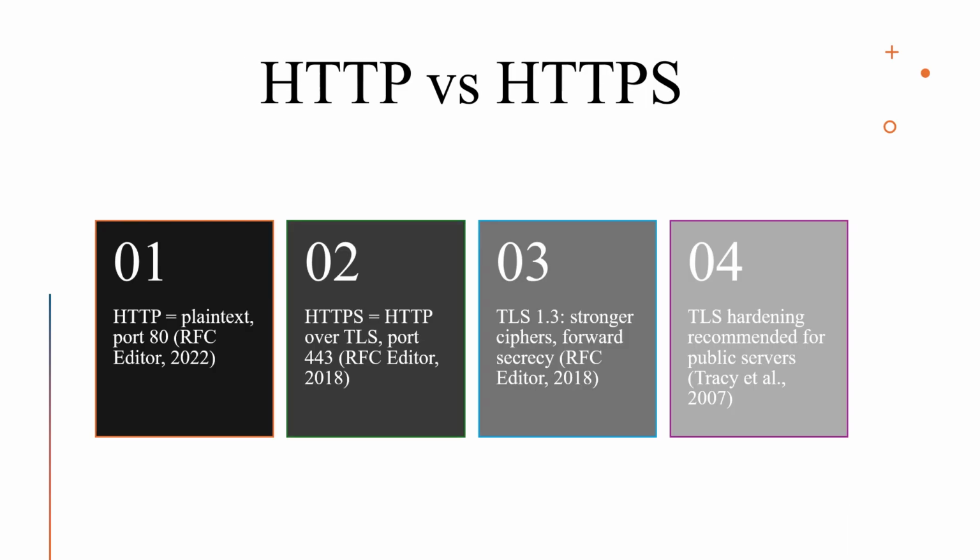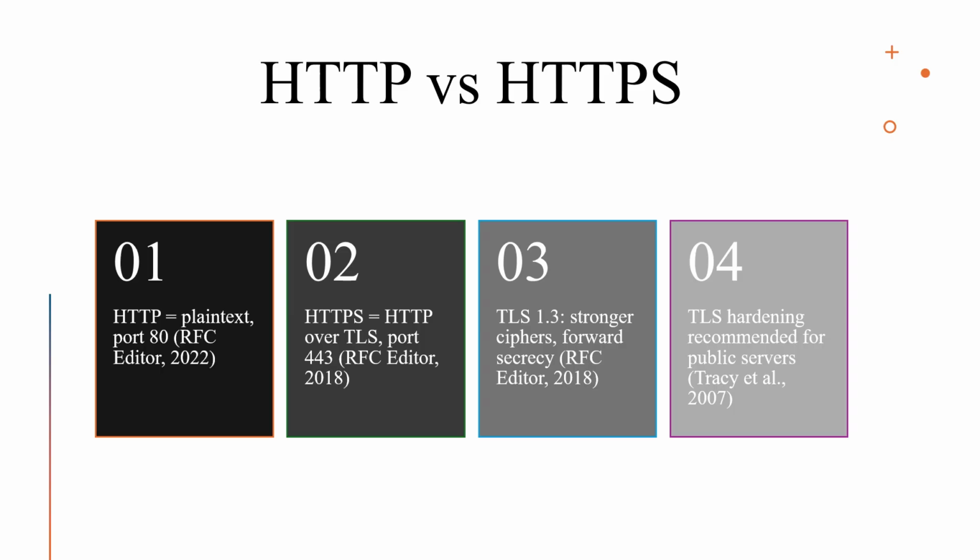Next, I will discuss the network layer and compare HTTP to HTTPS. HTTP, which runs on port 80, is insecure because it sends everything in plain text. That means passwords, credit card numbers, or session cookies can be intercepted. HTTPS, running on port 443, encrypts communication with TLS.